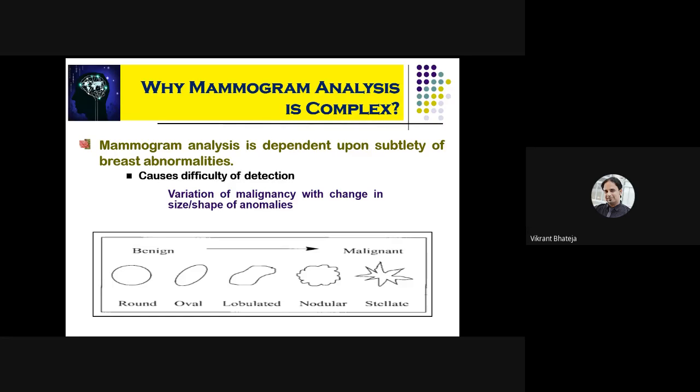If you see different databases, they have named the images with these types of masses or tumors: the region is totally round, or oval, or once the border starts getting distorted, it becomes lobulated, later it converts to nodular, and once it is nodular, it converts to a star-like structure, that is stellate, and then after that the speculation starts growing over here and metastasis starts.